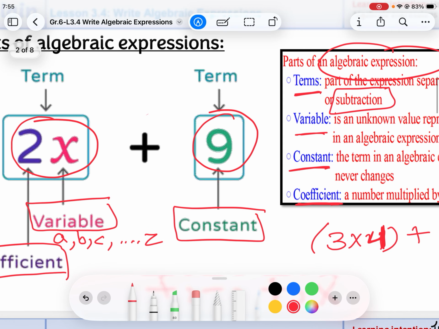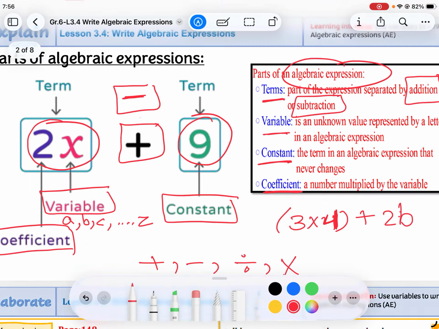So 2x is a term. I cannot say 2 is a term and x is another term, because terms must be separated by only addition or subtraction. So in this algebraic expression, we have two terms: 2x is the first term, and 9 is the second term.